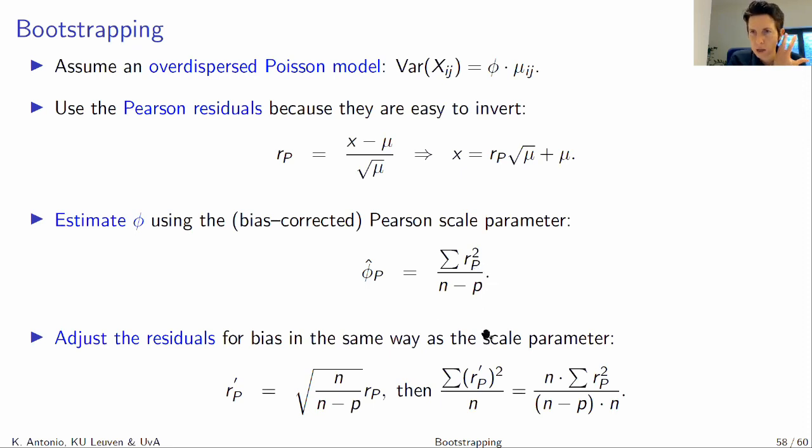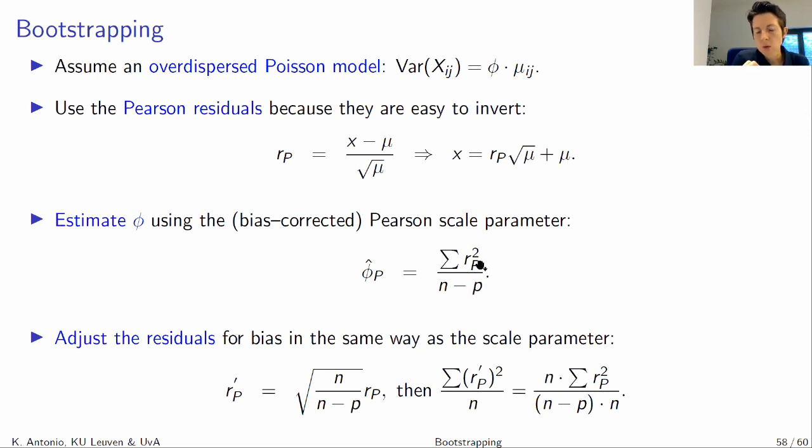The way I always remember that for myself is that if you look at this definition of the dispersion parameter estimator, we're dividing by the number of observations minus the number of parameters in order to make sure that we've got an unbiased estimator. That's the same as with a variance estimator, for instance. If you divide by n, then this estimator is biased, but if you divide by n minus 1, then the estimator is unbiased. So that's a similar kind of thinking that we apply here.